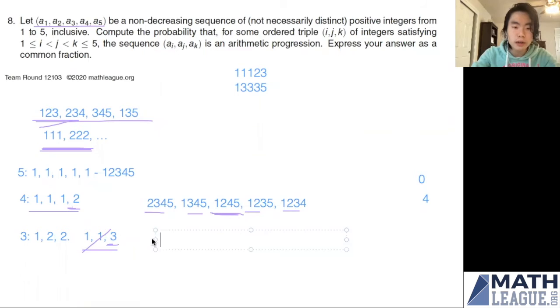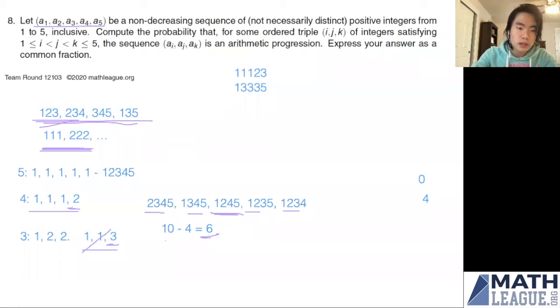There are 10 possible ways to choose 3 distinct numbers from 1 through 5, just by 5 choose 3, which is 10. And note that up here we have 4 possible arithmetic progressions. So the remaining 10 minus 4 of them must be non-arithmetic progressions. So here we have 6 possible sets.